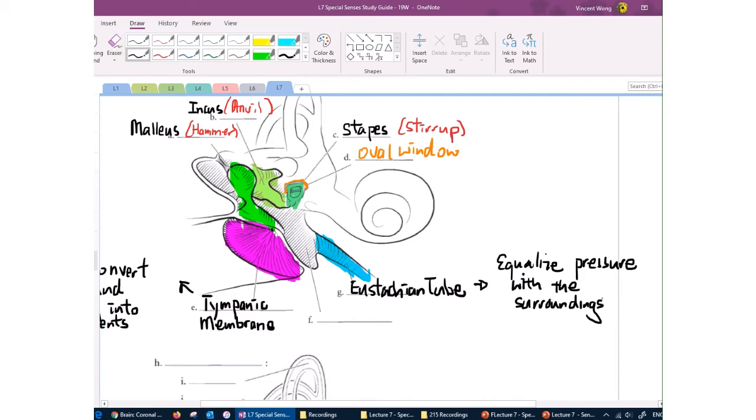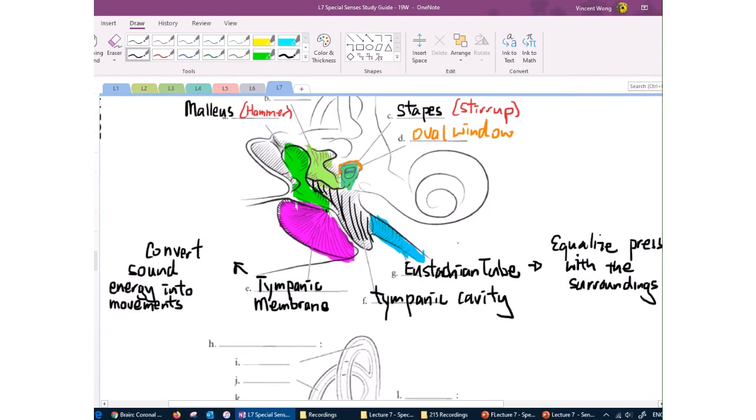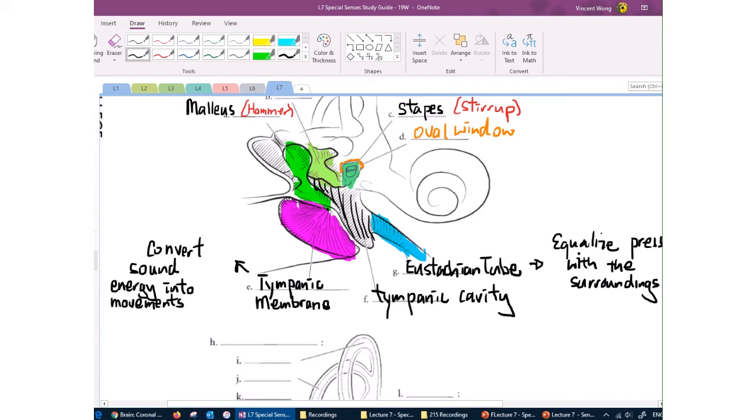It's normally closed, but it will open when you swallow. F is just pointing at this space here. This space is just called the tympanic cavity. Okay, nothing special. Now we're going to move closer to the snail shell looking thing here. That would be part of your inner ear.